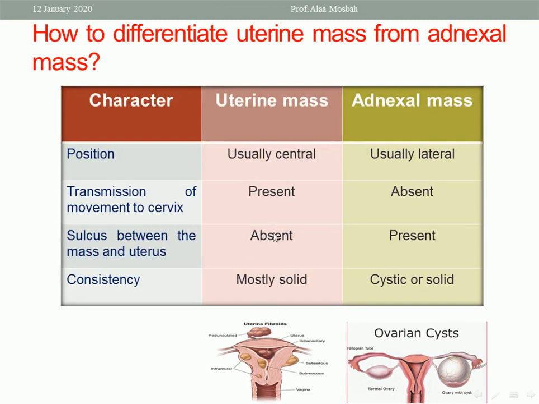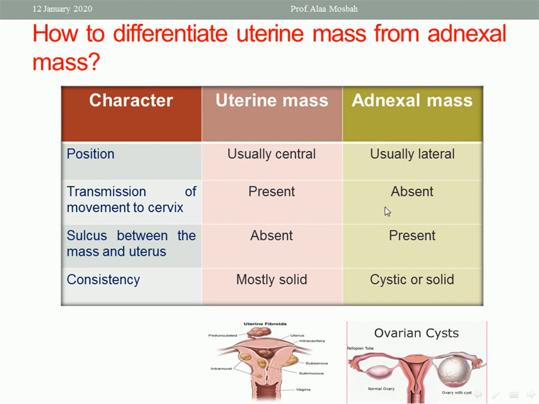As regards the position, uterine mass is usually central, while adnexal mass is usually lateral. As regards movement of the mass, is it transmitted to the cervix or not? For uterine mass, its movement is transmitted to the cervix, yes.